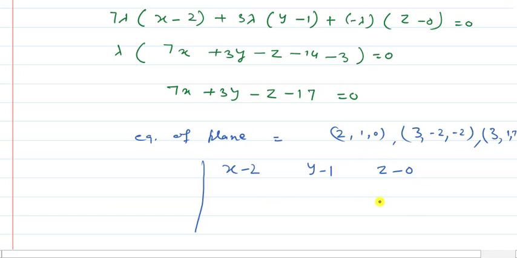Now in the second row we will take x2 minus x1, that is 1, then y2 minus y1, that is minus 3, then z2 minus z1, that is minus 2. In the third row, we are having x3 minus x1, that is 1, y3 minus y1, that is 0, and z3 minus z1, that is 7, is equal to 0.